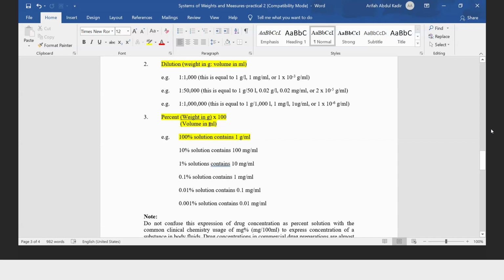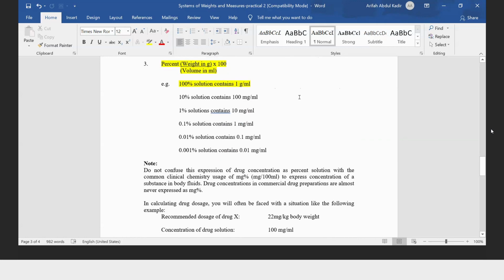Once you get the concept, if it's 1 gram per liter, it's wrong and the whole calculation will be wrong. So the ml will always stay ml and never change to liter? We can convert to liter.